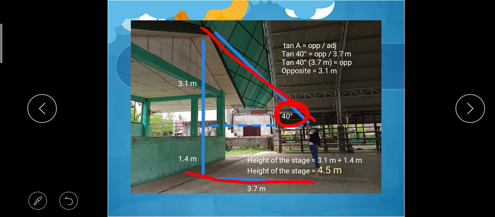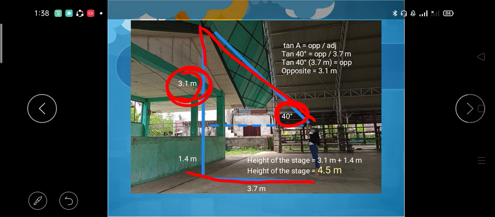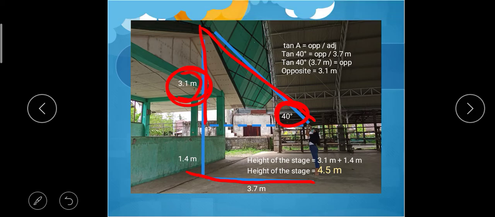Now in order to get the height of the roof to the eye of the person, we will use tangent, where tangent is equal to opposite over adjacent. Now tan 40 degrees is equal to opposite over 3.7 meters, where 3.7 meters is our distance from the stage.